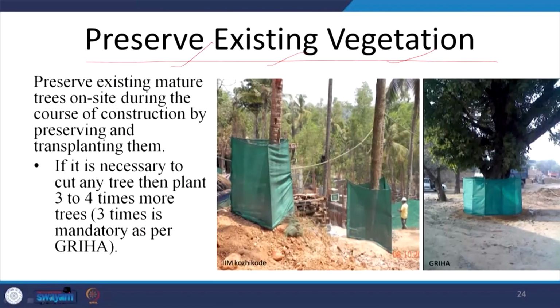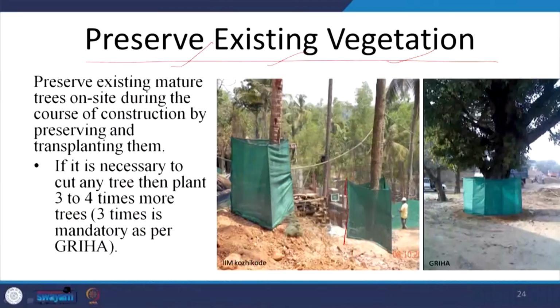But if we deliberately want to preserve existing vegetation, we have to design the buildings in such a manner that trees are not being cut. The buildings may be chamfered, the buildings may be slightly shifted, so that a tree which is existing is preserved.